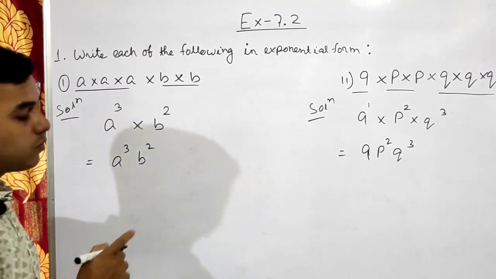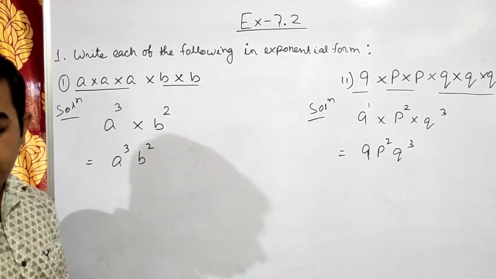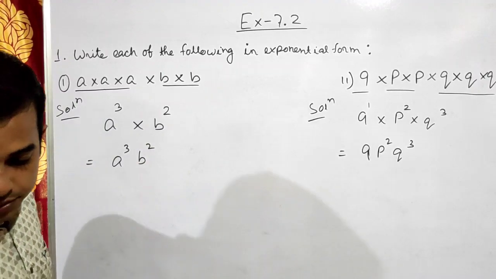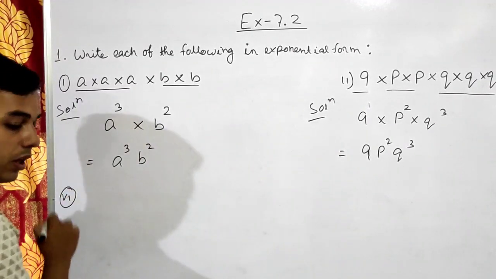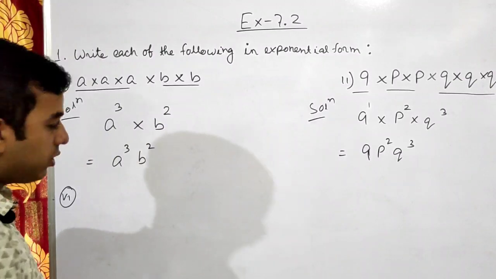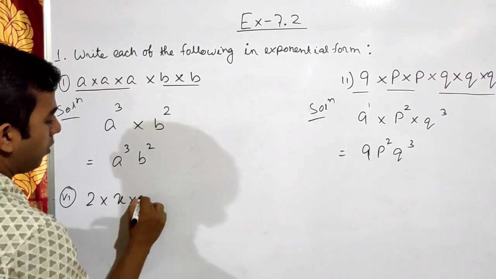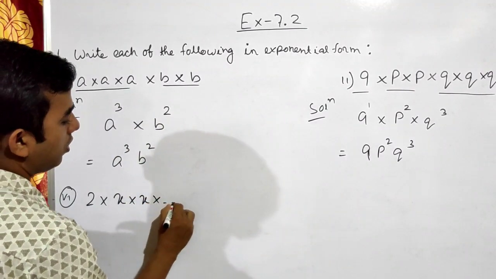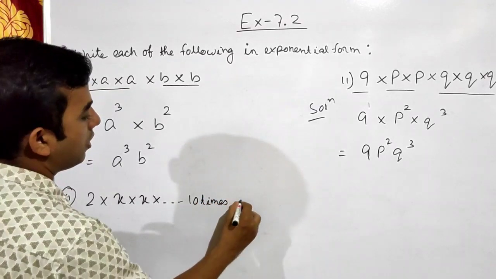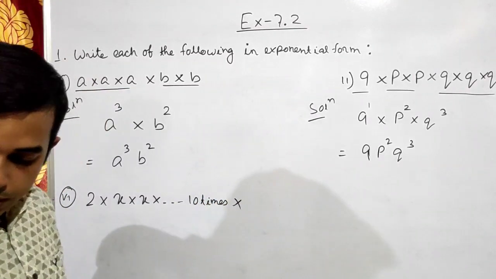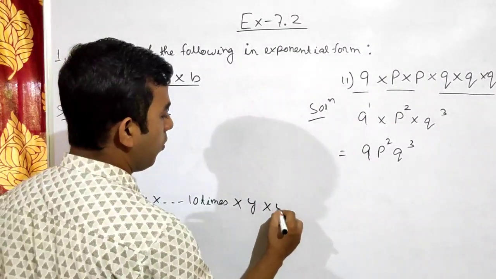So let's solve 2 to 3 more questions and you will be clearer. Let's take question number 6. Here 2 into x into x, 2 into x into x into 10 times, into y into y into y.